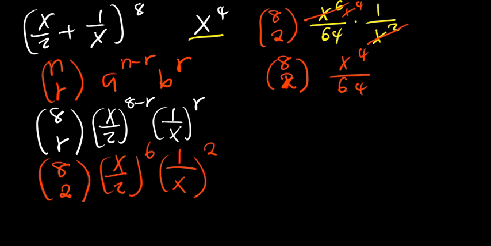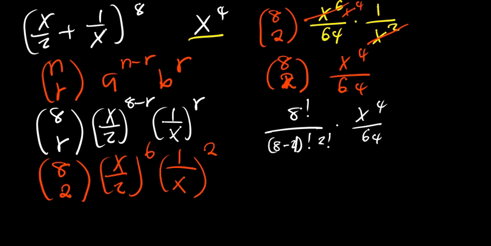Now it's the matter of simplifying this. As simple as that. So 8 choose 2 is 8 factorial divided by 8 minus 2 factorial times 2 factorial. But don't forget times x to the power 4 divided by 64. So 8 factorial divided by 6 factorial and 2 factorial.